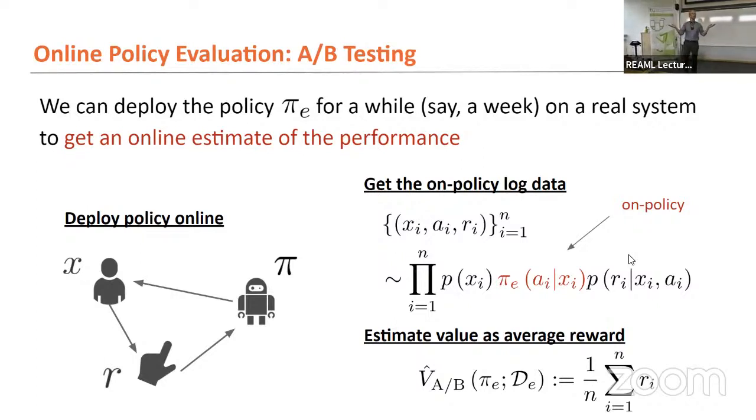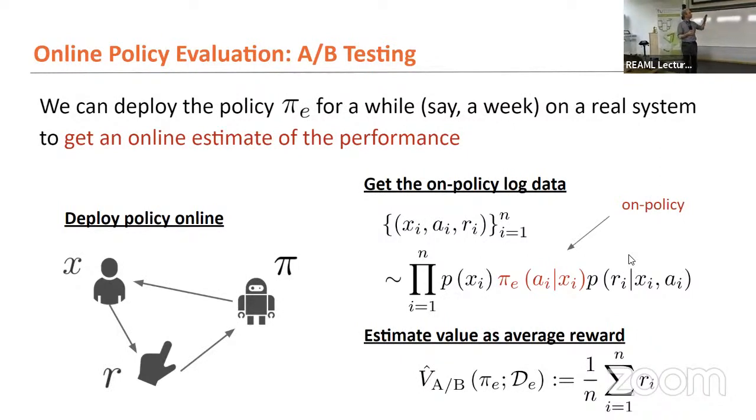You want to know how good this policy is. So you implement this policy, deploy it on your system, and serve the actions of that policy, and maybe have two different conditions: 50% of the users get the old policy, 50% get the new policy. Then you just record the rewards, and simply averaging the rewards gives you an unbiased estimate of the value of the policy. It's the expected reward. So conceptually, it's very simple.